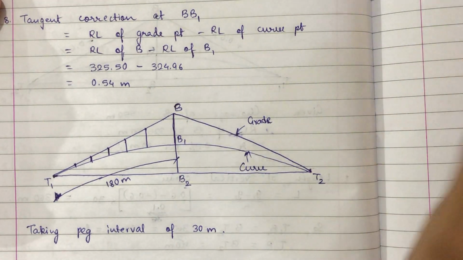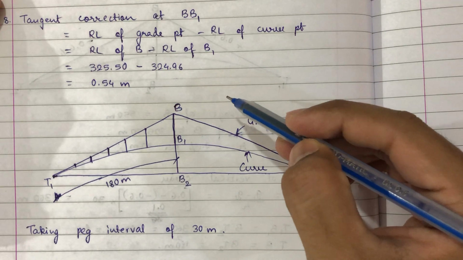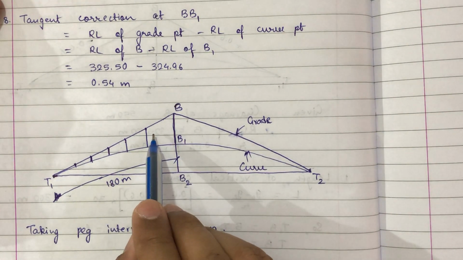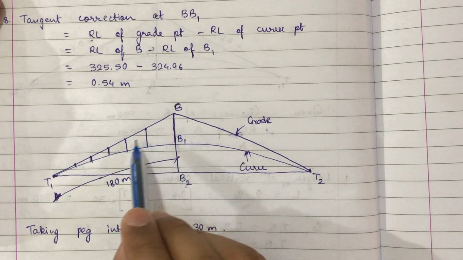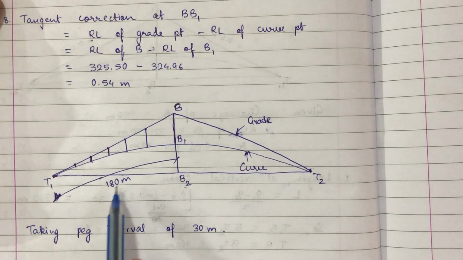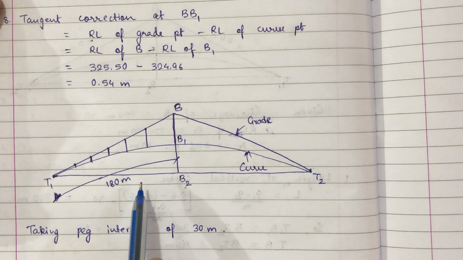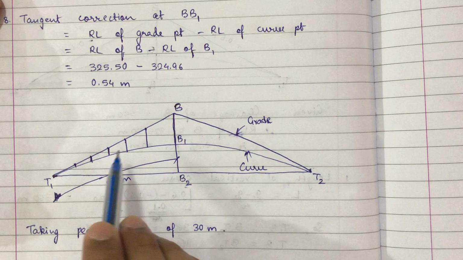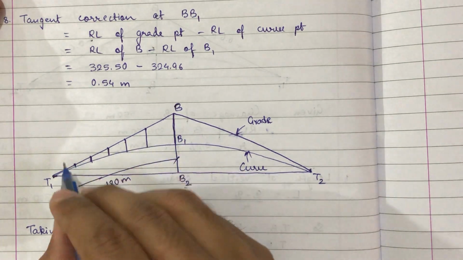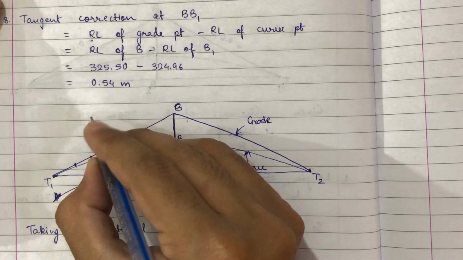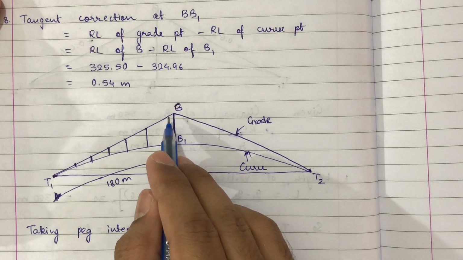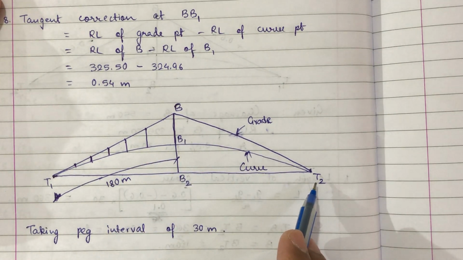Now I have taken here 30 meter. You can take any other distances also, like you can take 20 meters also. If you take 20 meters, there will be 9 divisions, because 180 by 20 is equal to 9. Now as this gradient is 0.6%, this gradient is also 0.6%.